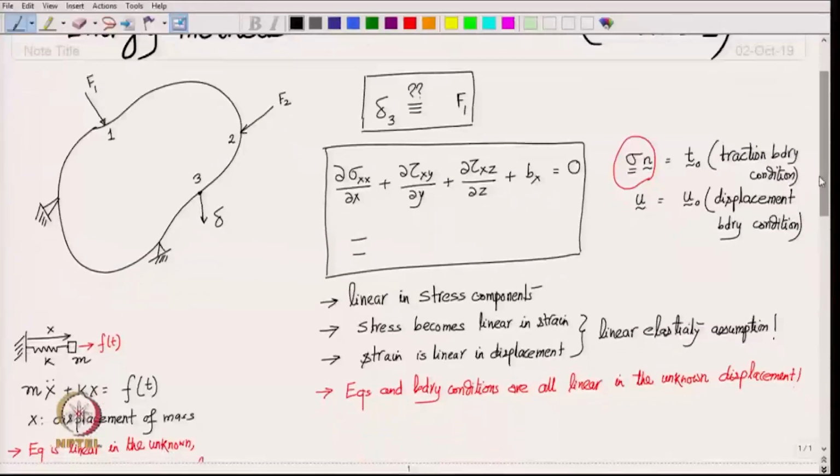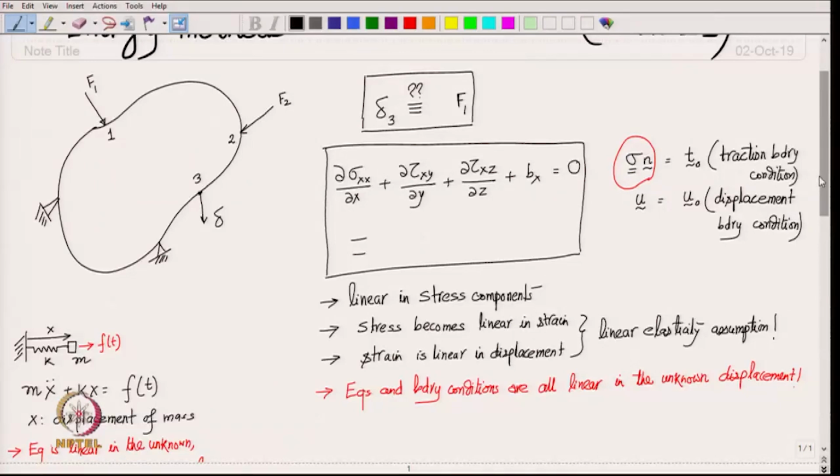All this just tells us that the displacement of the body will then also be linear in whatever force you are applying. So, in this case the force that you are applying, what is the external agent applying to the body?